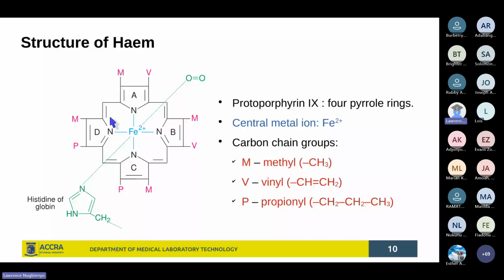And at the central position of that cyclic structure is the ferrous ion, Fe2 plus. And the ferrous ion is linked to those nitrogens that are in the pyrrole rings.